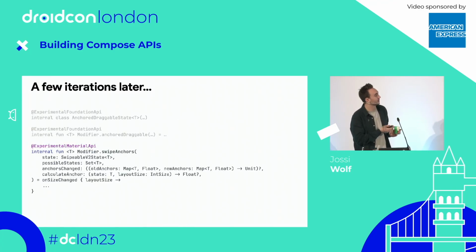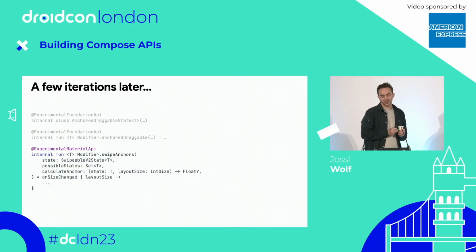So remember the modifier.swipeAnchors. Turns out this was actually a really, really complicated concept. This is a modifier that would let you configure for layout-dependent anchors, obtain the layout size, and then update the anchors. And first on, we had this anchors changed callback. We actually decided, do you know what, we can remove this.